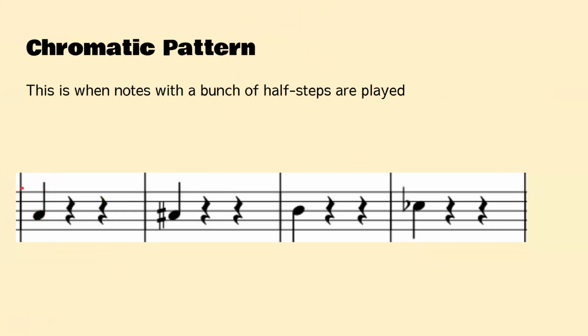I already know from this music this was a bass clef. So this is C, C sharp, D, E flat. So that's going right up. This could also be a D sharp, but this song is in F major.